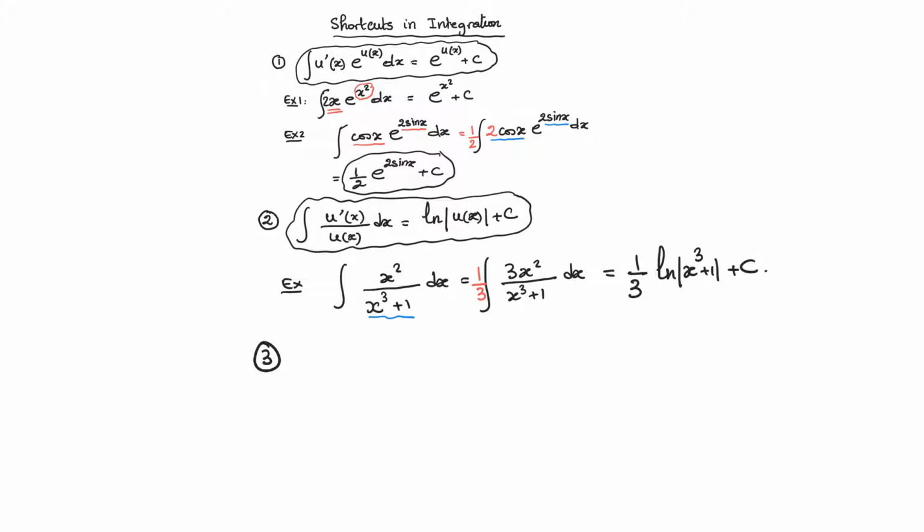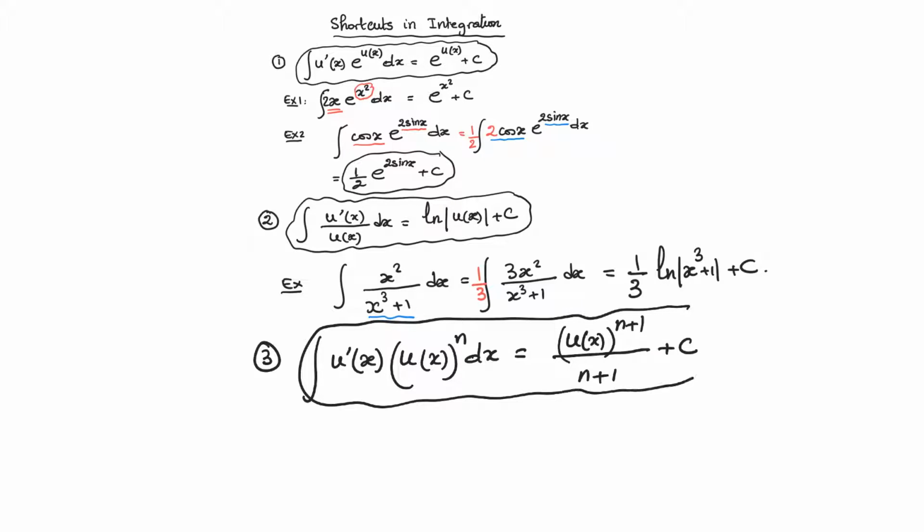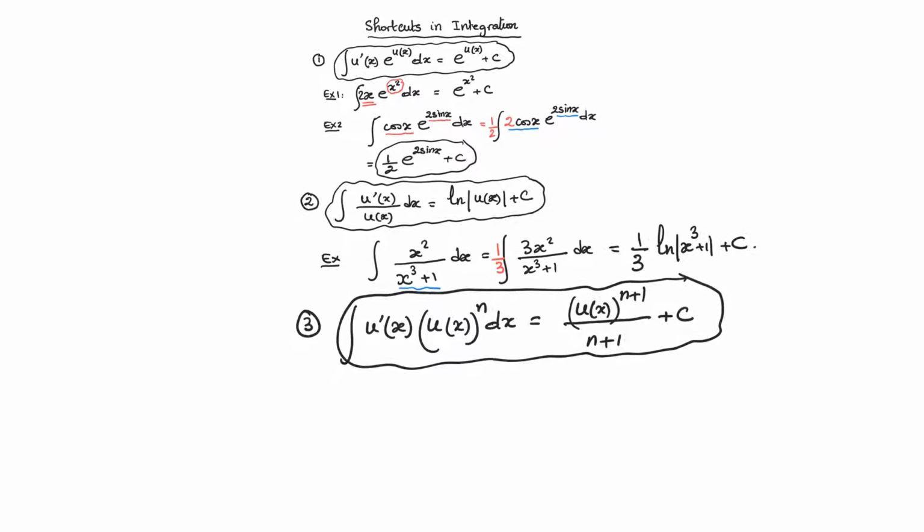Third shortcut, if you have something of the form u dash multiplied by u of x to the power of n dx, then it is u of x to the power of n plus 1 over n plus 1 plus a constant c. So this is a really useful shortcut too.